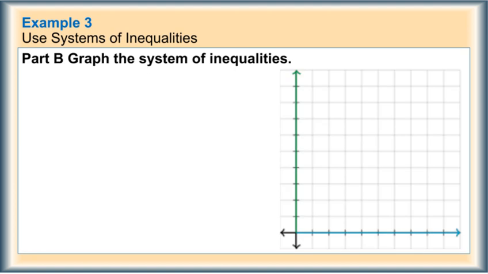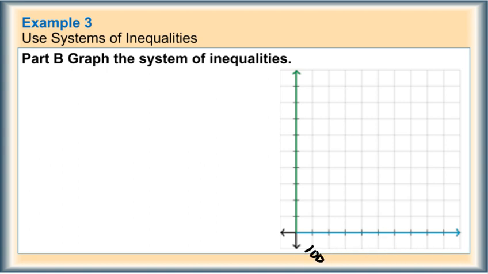Part B, we're going to graph that system of inequalities. So for here, we're going to count by 50s on our X's and Y's. So this would be 50, and then this is 100, 150, 200, 250, 300, 350, 400, 450, 500. I might have to count by 100, so let's count by 100.